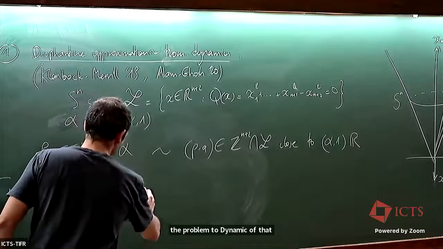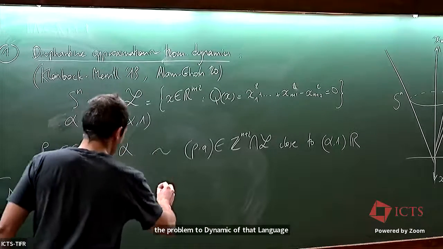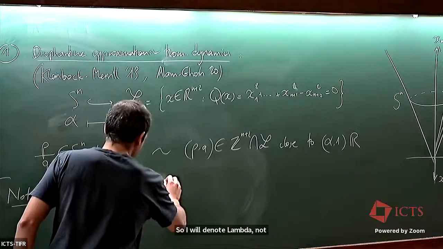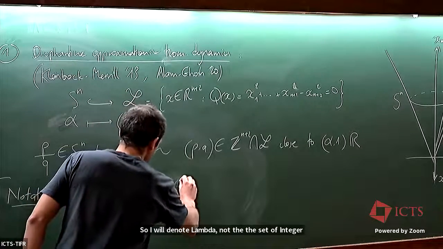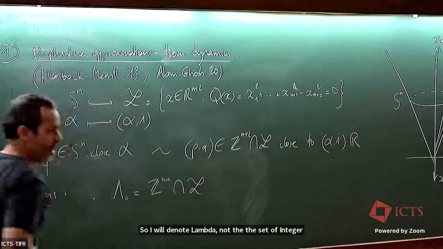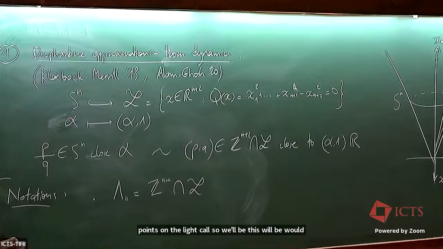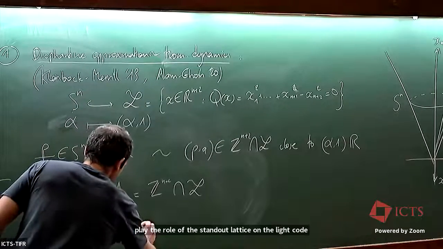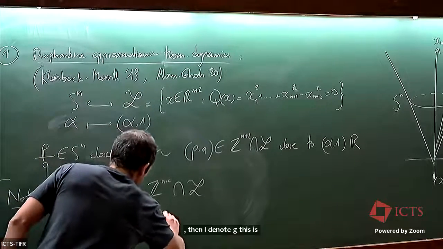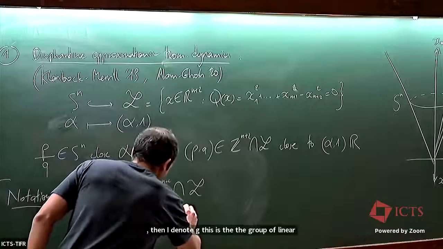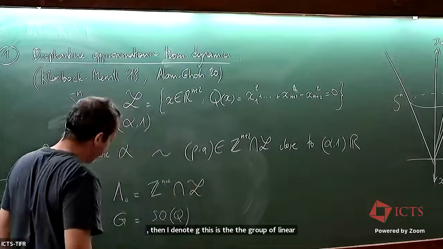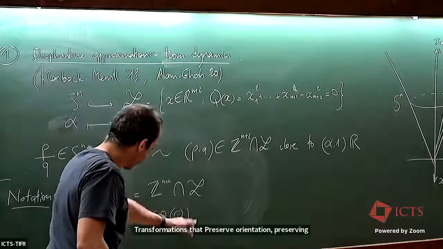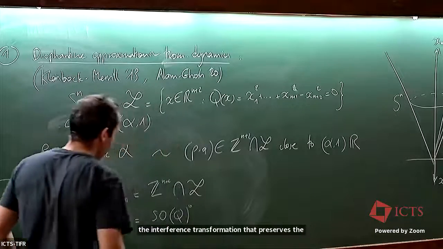I will denote Lambda naught the set of integer points on the light cone. This will play the role of the standard lattice on the light cone. Then I denote G the group of orientation preserving linear transformations that preserve the quadratic form Q, taking the connected component.